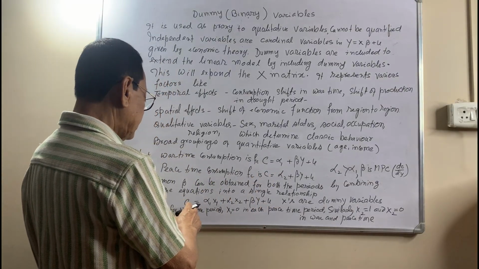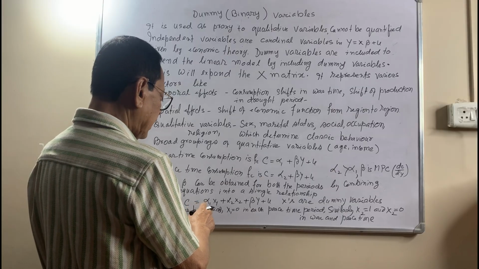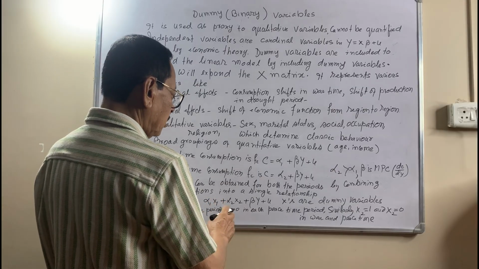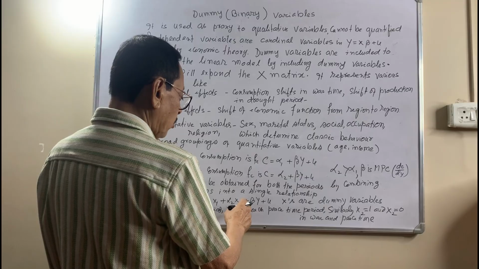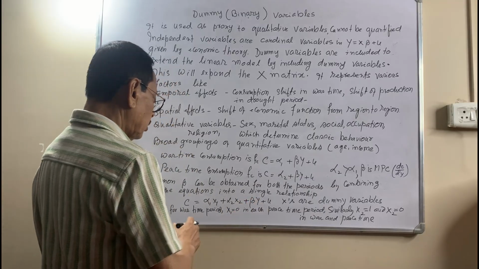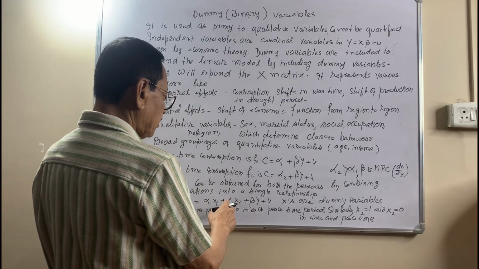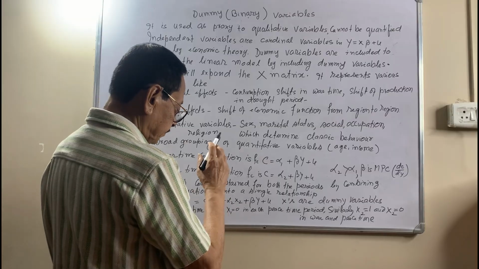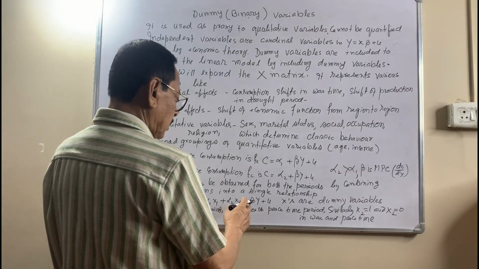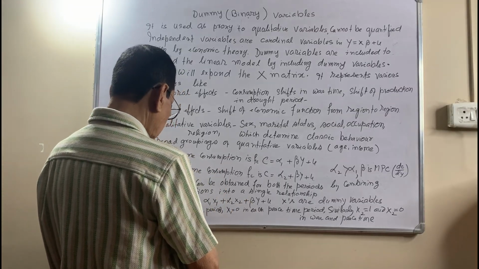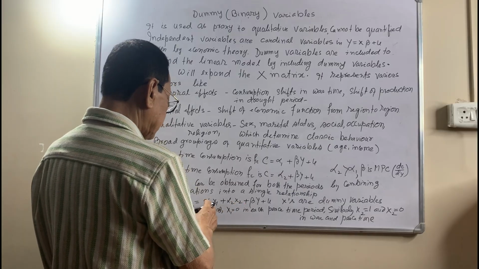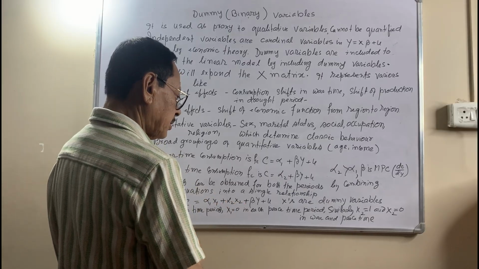So in this case, C is equal to alpha 1 X1 plus alpha 2 X2 plus beta Y plus u. This is for peacetime, and this is for wartime, and this is income. Consumption is a function of income, and these are the qualitative variables.